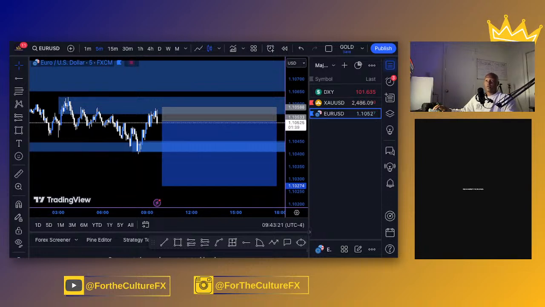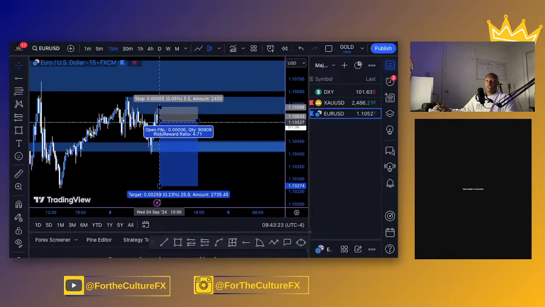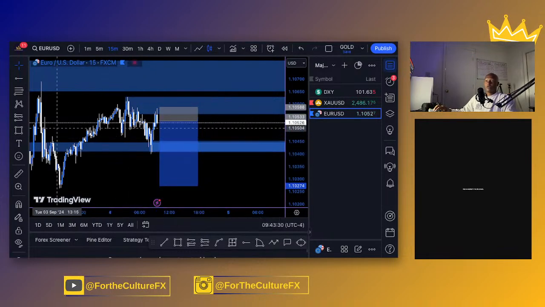Okay, let's see if we can get a pullback of this next 15-minute candle. So after the 15-minute, I want to get about a 5 pip stop loss, which would be relatively... there it is.